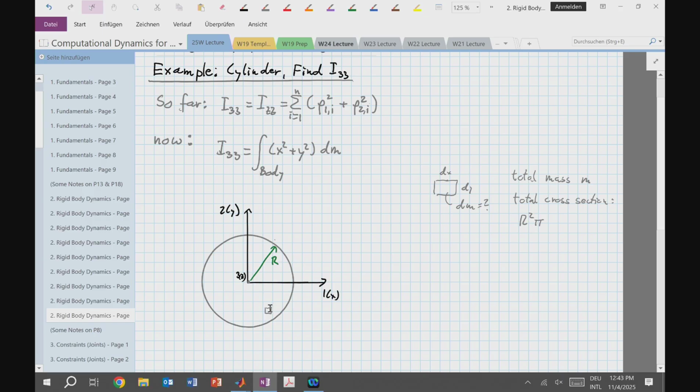This little slice here then has a corresponding fraction of that total mass. So I take the total mass and multiply it with the area of my slice, or the cross-section of my slice, dx dy, divided by the total cross-section. That's the fraction of cross-section that I get, and if I multiply this with m, I get the fraction of mass. And that only works for homogeneous bodies.